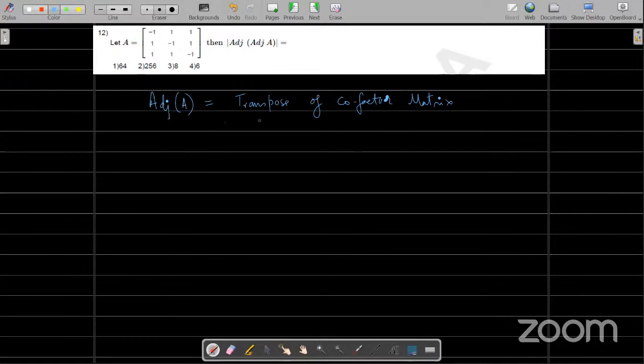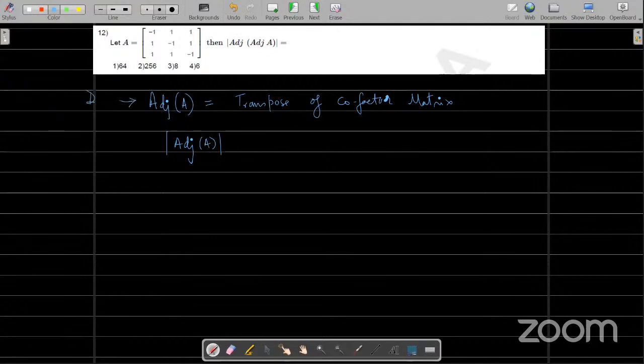So which means that I can write down the cofactor matrix for this and then write the corresponding transpose to get the adjoint. Now, should I write all of this or what is the relation? So that is where we have to look into. So what is the determinant of the adjoint of A? That's what we need to know. What is the definition of adjoint of A?